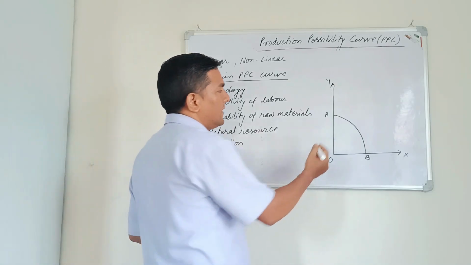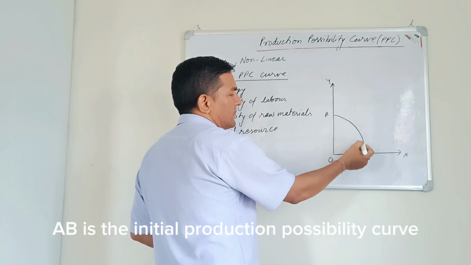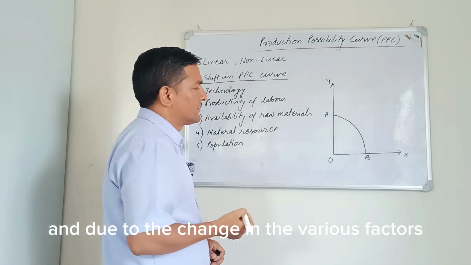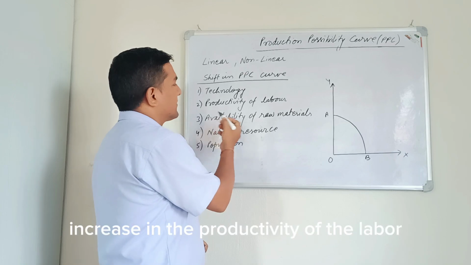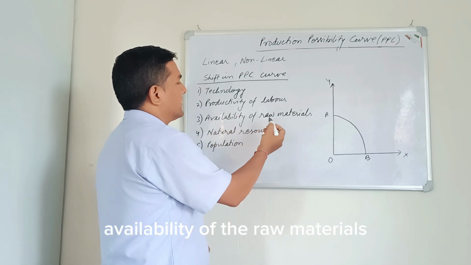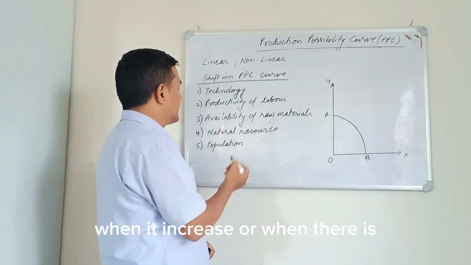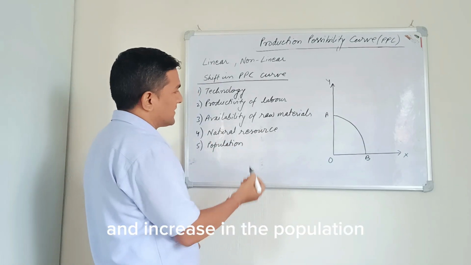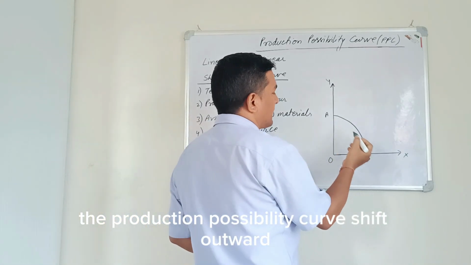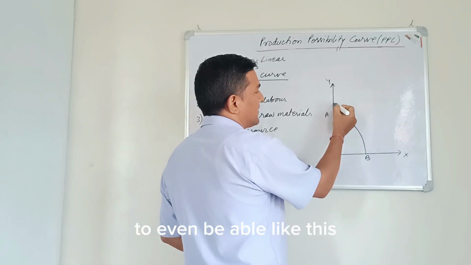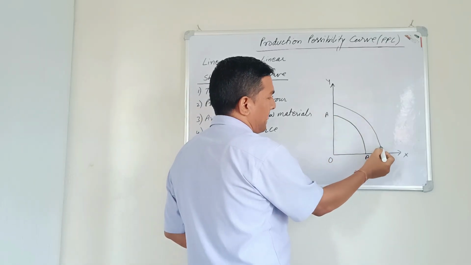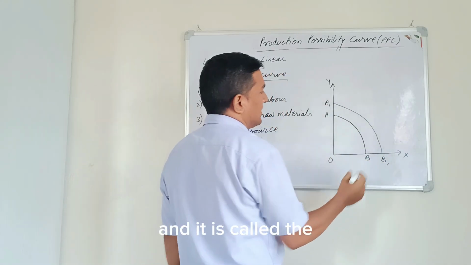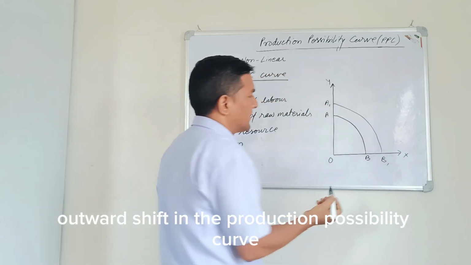Here AB is the initial production possibility curve, and due to the change in the various factors like improvement in technology, increase in the productivity of the labor, availability of the raw materials, when it increased, or when there are sufficient natural resources in the economy and increase in the population, the production possibility curve shifts outward to A1, B1 like this, and it is called the outward shift in the production possibility curve.